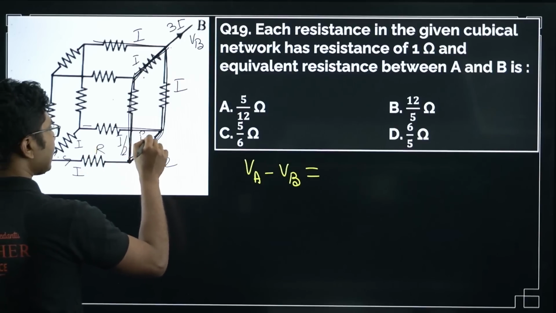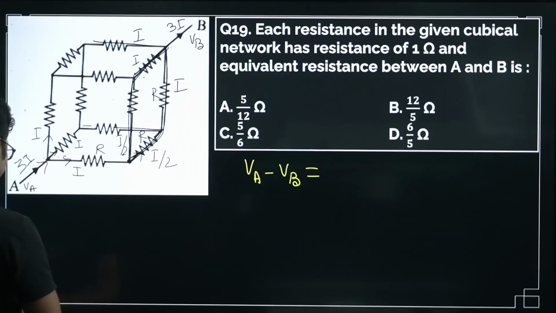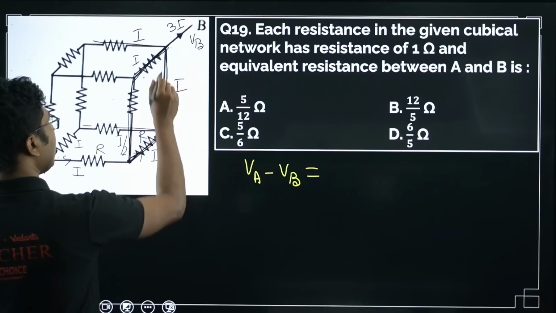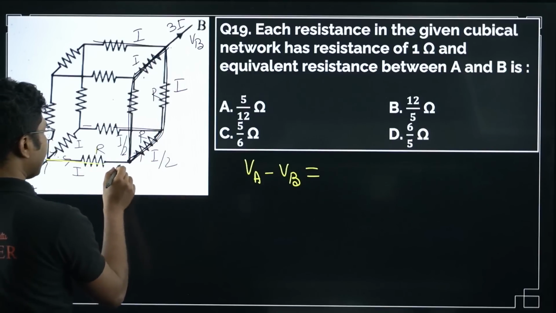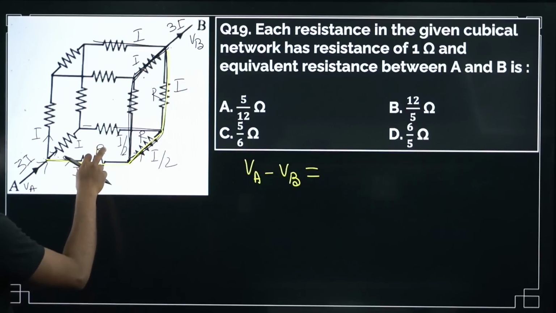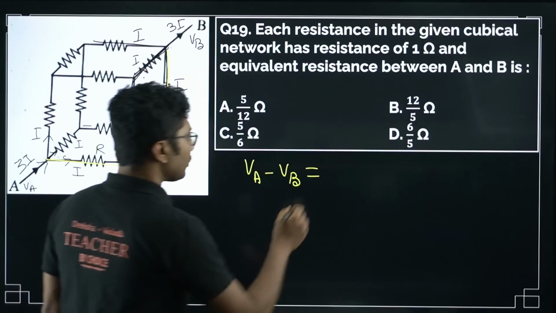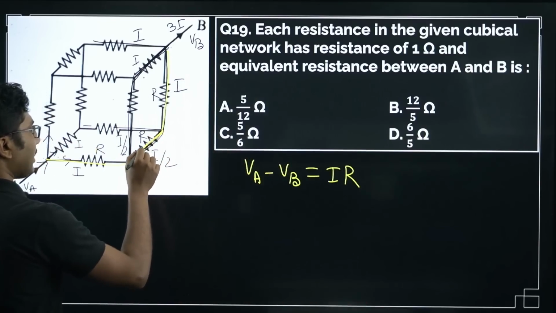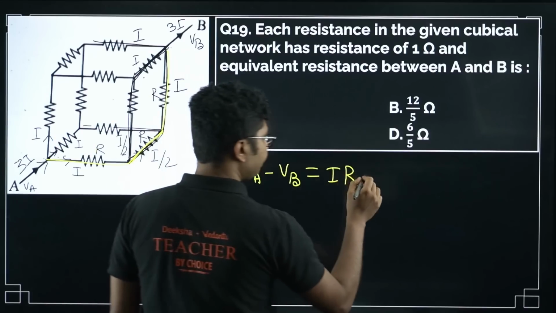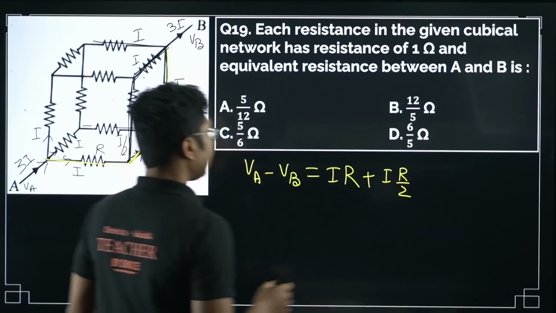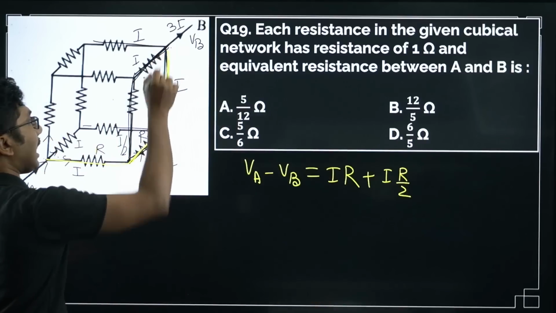If we apply Kirchhoff's voltage law across this loop, any one loop you can take, we get IR, then next this one, R into I by 2, and then the last one, again R into I.